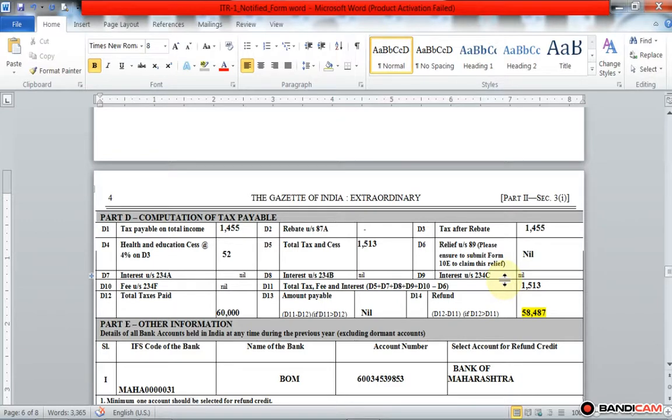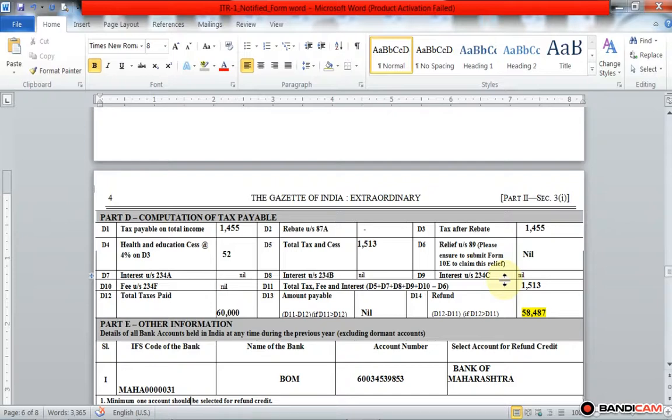So the income tax office will give a refund to that SEC, because the tax liability of that SEC is 1,513. The tax liability of 1,513 is deducted from the tax paid by the SEC, that is 60,000, and the remaining balance is refunded. So here the income tax department gives a refund amounting to rupees 58,487 to Mr. Nitin Tipale.